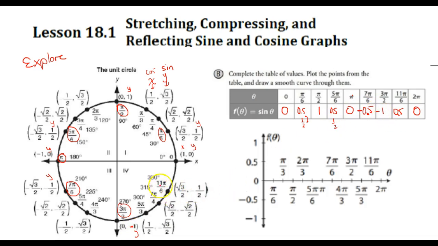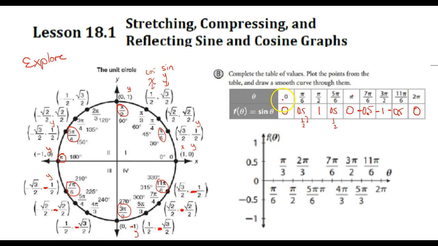And for the last one, 11 pi over 6, that would be negative. Now I know my copy on my screen is not the best, but in your packet you should be able to clearly see those negative values, and if you don't, take some time right now to make sure your negatives are visible.